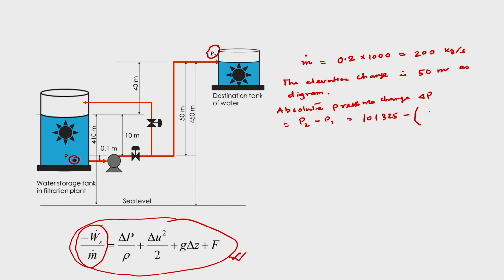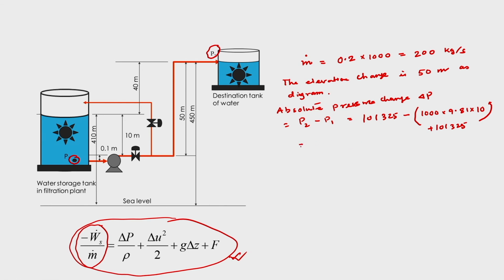P1 is 1000 into 9.81 into 10, since this is a 10 meter height of water in the storage tank, plus atmospheric pressure 101,325 Pascal.